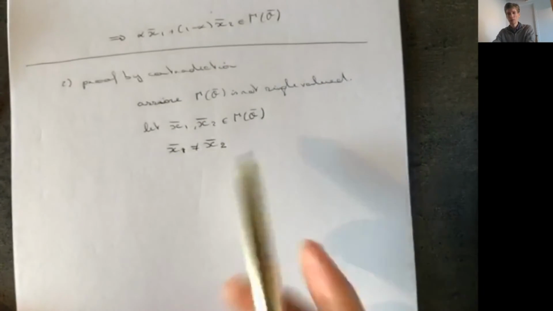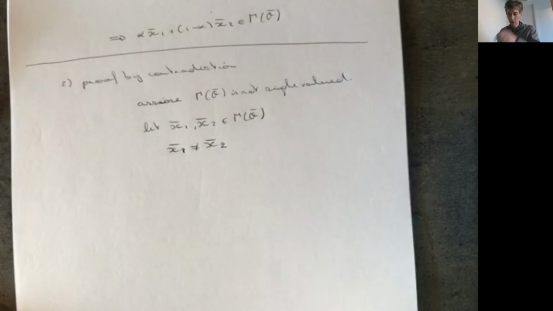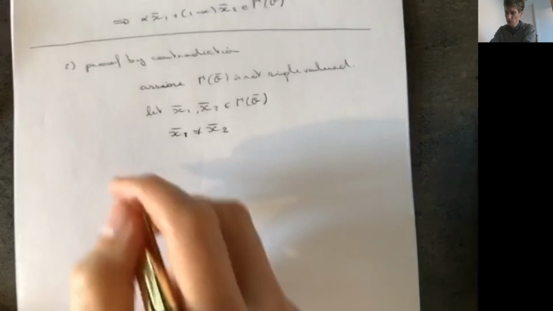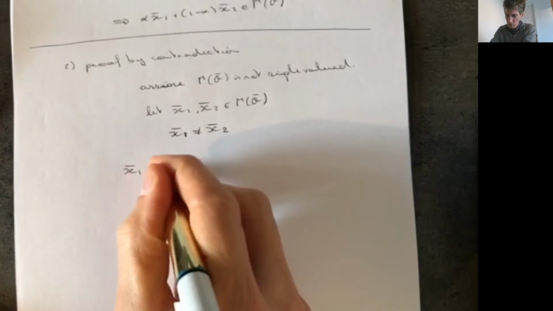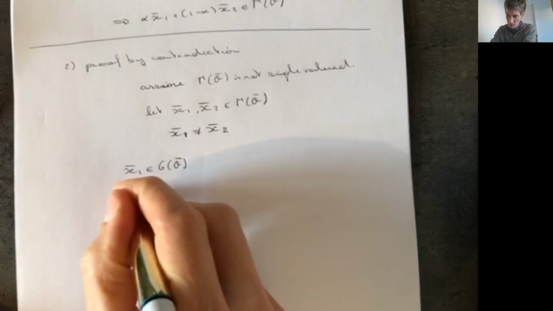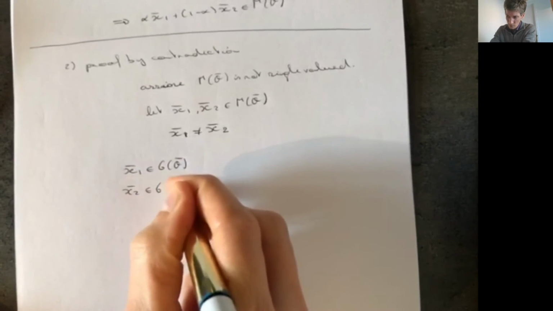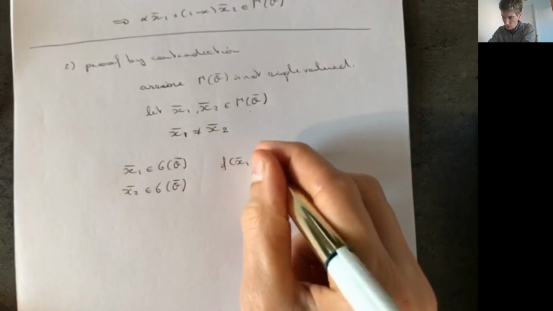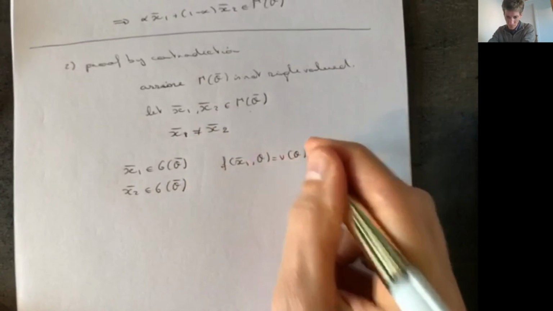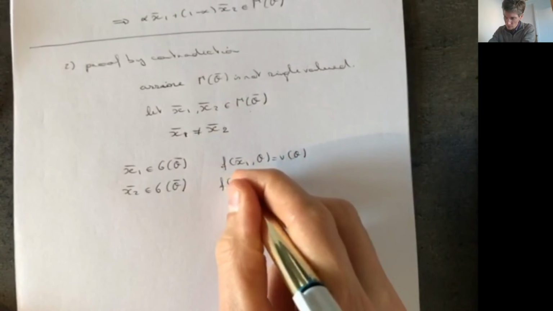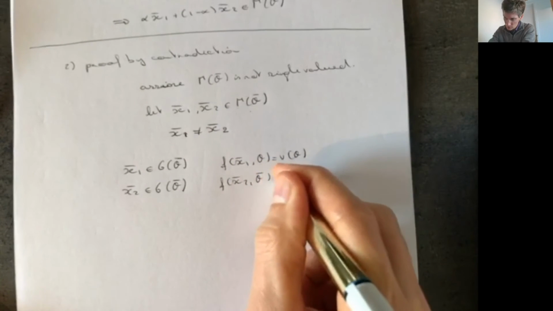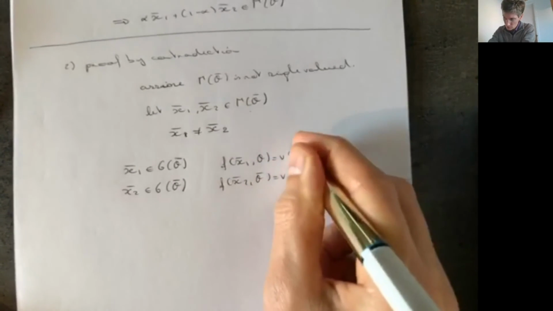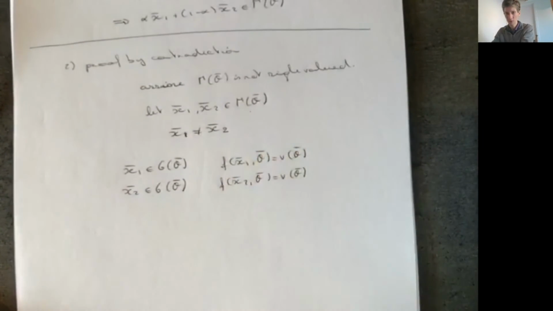There are two elements and they're different. So we know that x1 is in g of theta, x2 is in g of theta, and we know that they're optimal, so f of x1 theta is equal to v of theta, and f of x2 theta is equal to v of theta. This is simply by definition of the correspondence gamma.